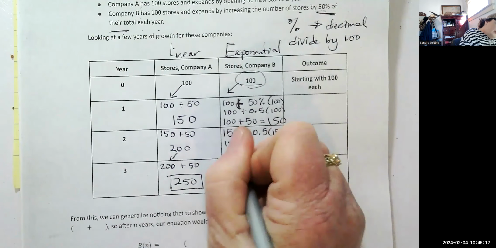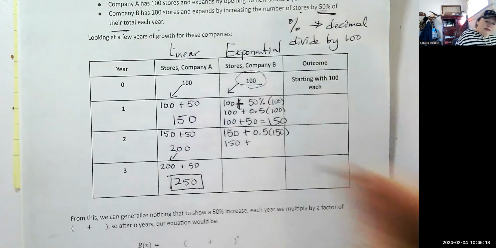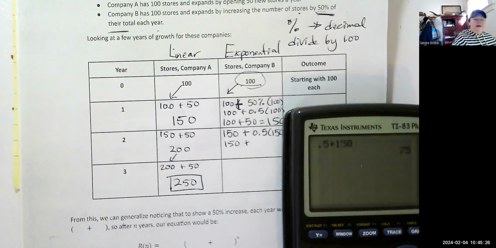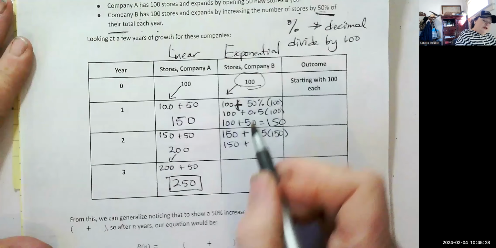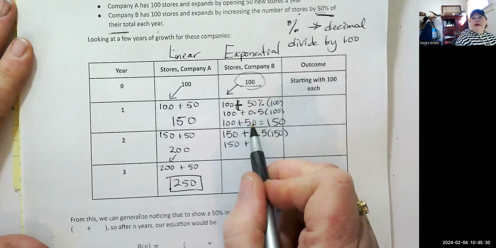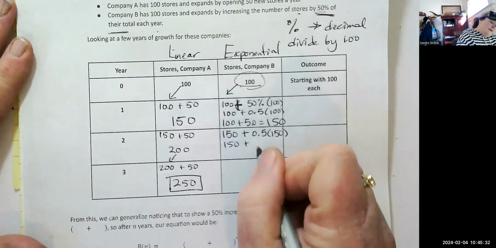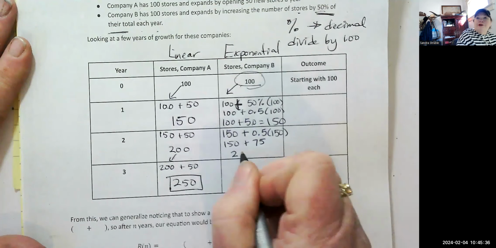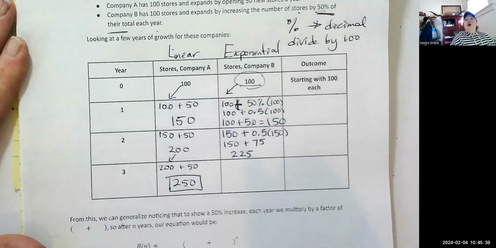I'm just going to multiply 0.5 times 150, and I should get 75, and I did. So instead of 50 stores opening in year 1, they have 75 stores opening in year 2. So that becomes 225 stores in year 2.